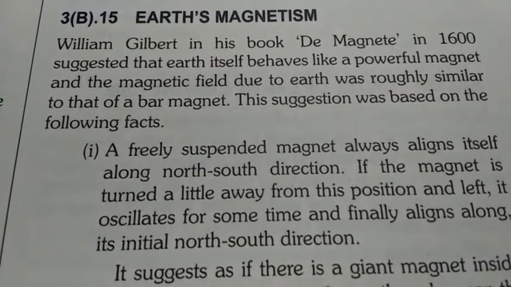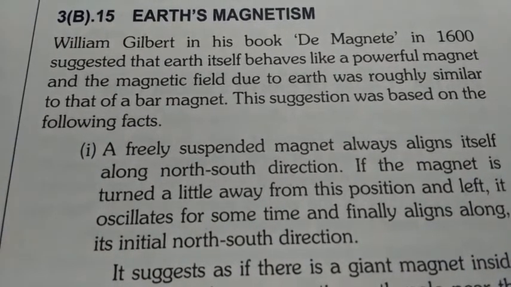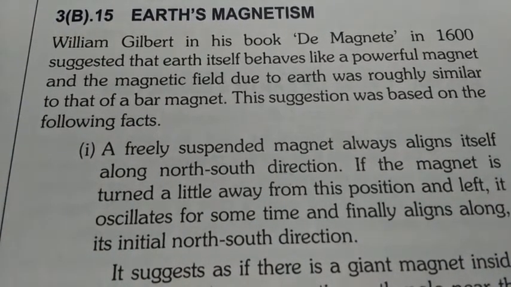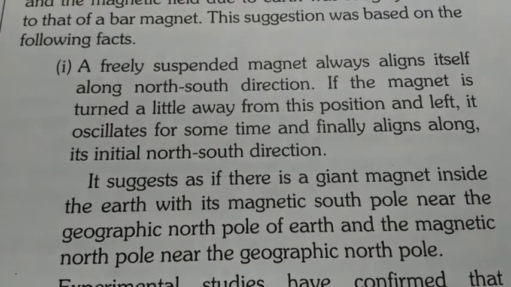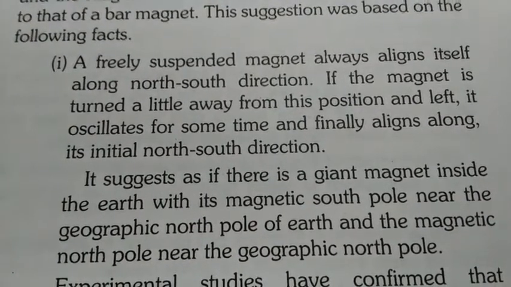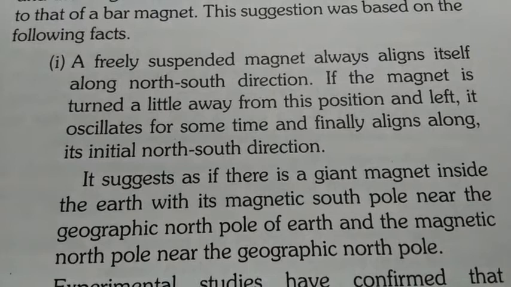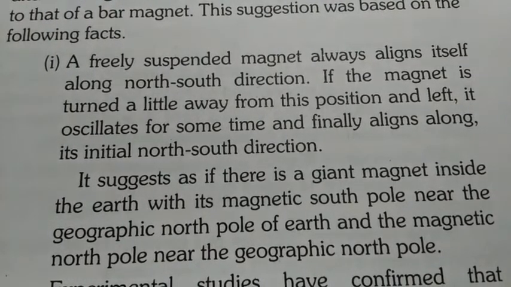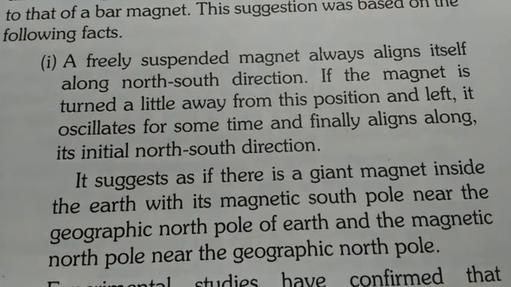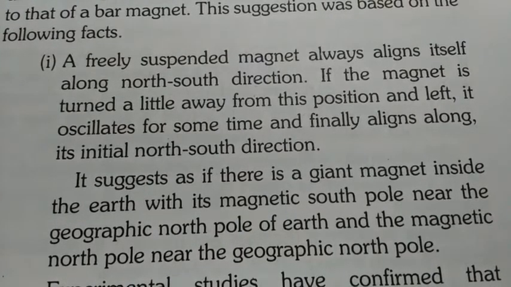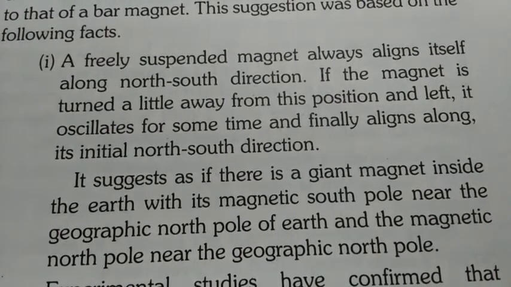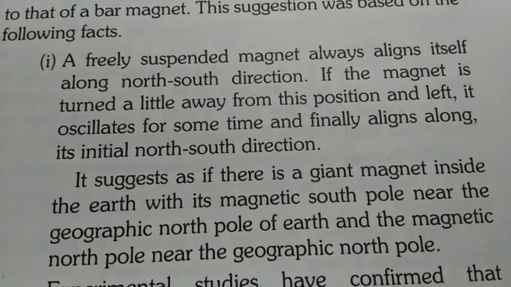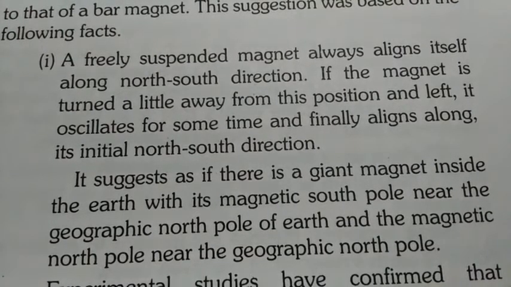Now first of all, let's discuss why Earth is considered a magnet. The first point to prove is that a freely suspended magnet always aligns itself along the north-south direction. If the magnet is turned a little way from this position and left, it oscillates for some time and finally aligns along its initial north-south direction.